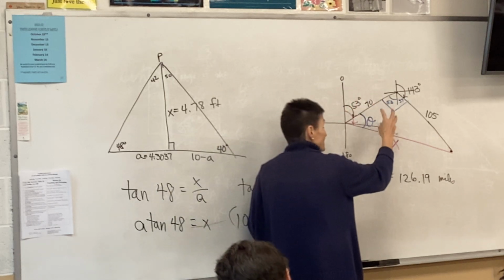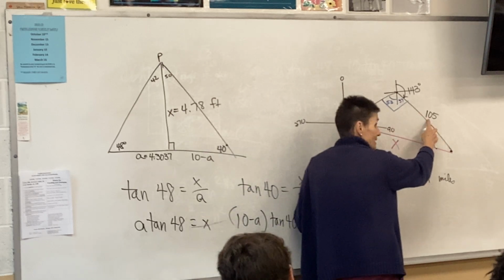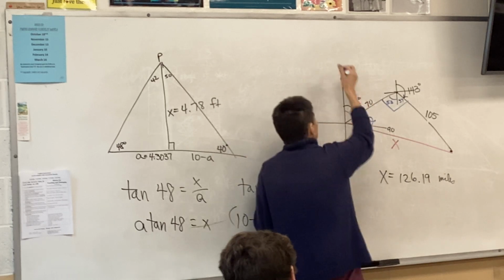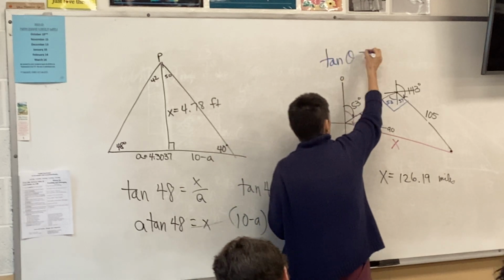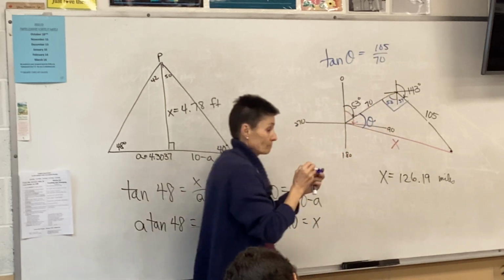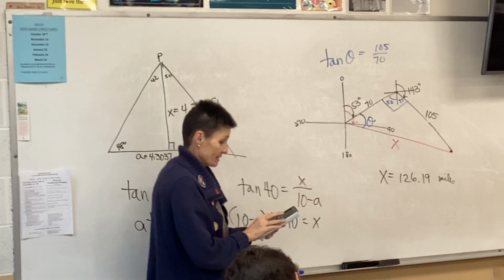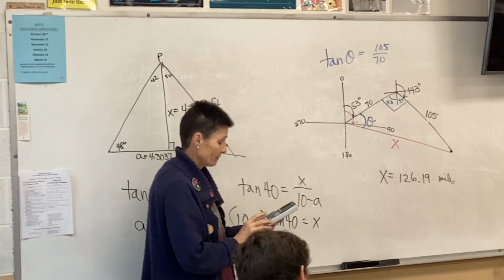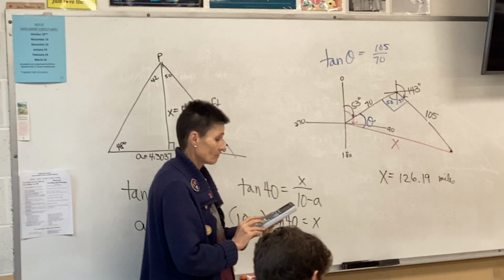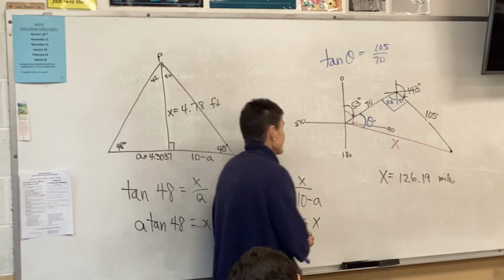That's a right triangle. So this side is opposite and this side is adjacent. So I'm going to say tan theta equals 105 over 70. Second tangent 105 divided by 70. I got 56.31 degrees. Anybody else get that?